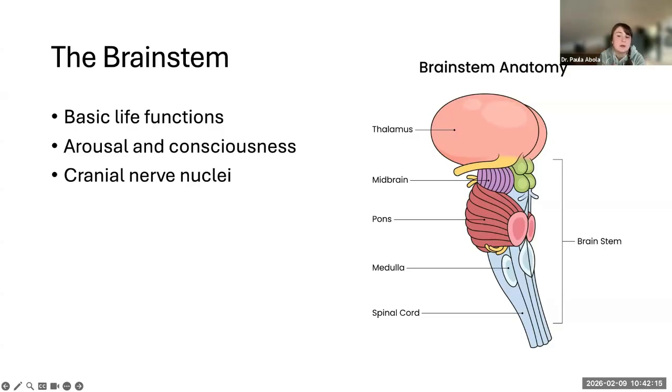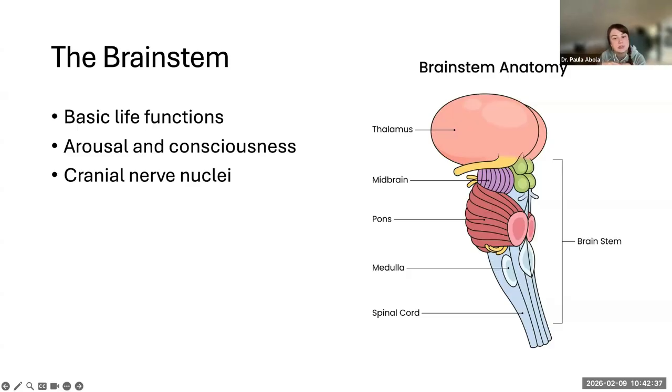And it serves as the major pathway for sensory and motor signals that are traveling between the body and the brain. And because of its central role in regulating life-sustaining processes, the brainstem operates largely outside of conscious awareness, continuously maintaining physiological stability.